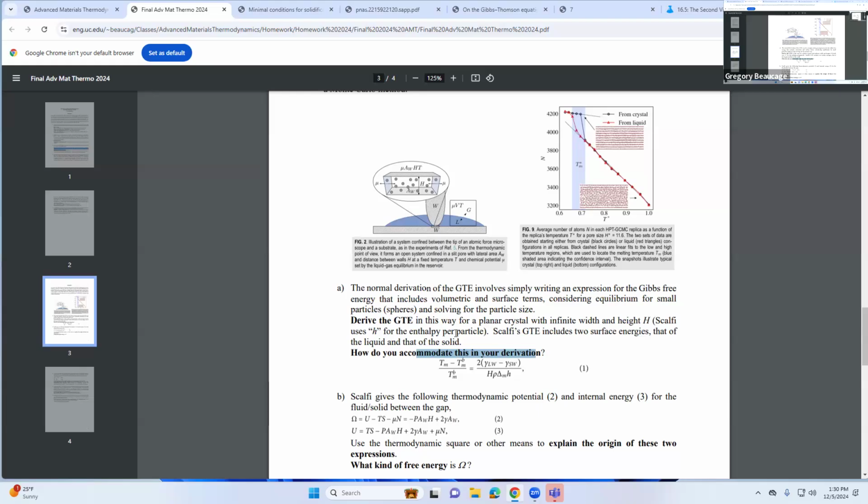You need a cartoon to show the difference between that and that. Basically, you just substitute gamma minus gamma. The two is because there are two surfaces, surface one and surface two, top and bottom. So wherever the gamma is, you have a two.